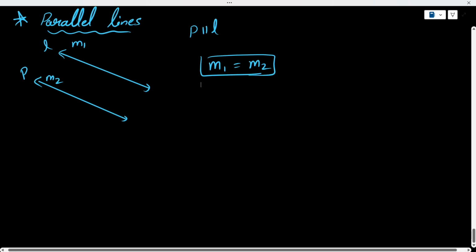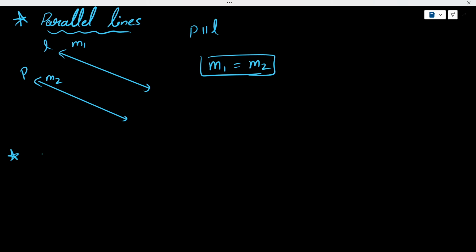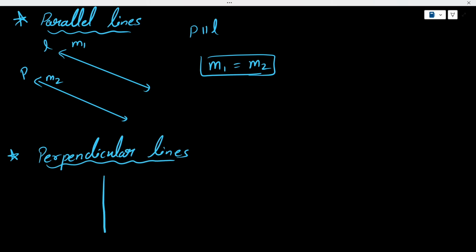Similarly, for perpendicular lines, what is the rule you have to remember? Perpendicular lines means they both meet at 90 degrees. It can be any line; this is not the x and y axis, but they are making a 90 degree angle.